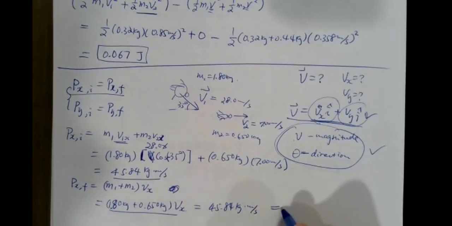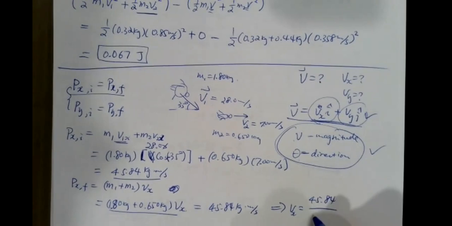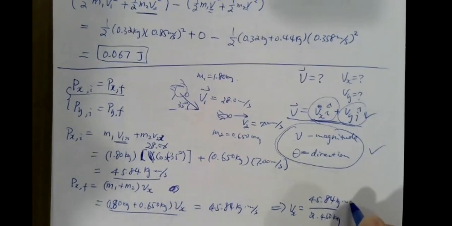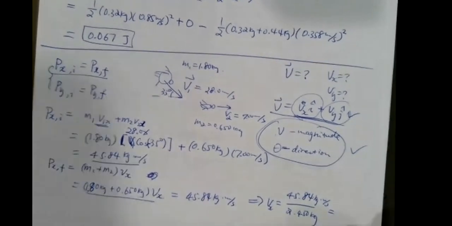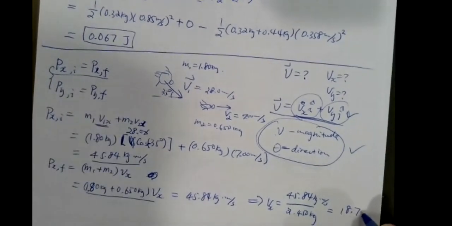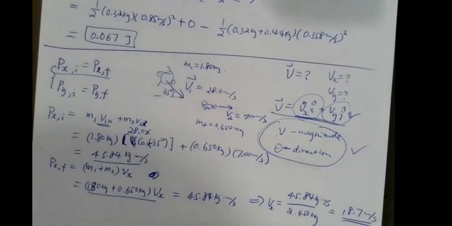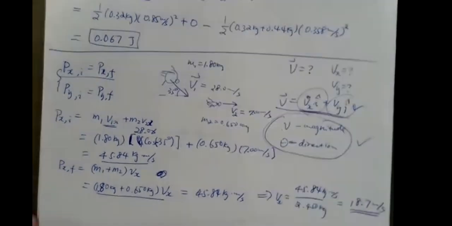So your Vx would be 45.84 divided by 2.450 kilograms. The x component of the velocity would be 18.7 meters per second.